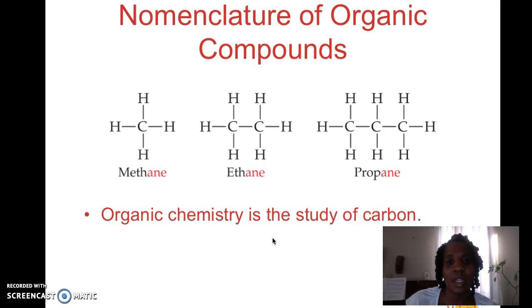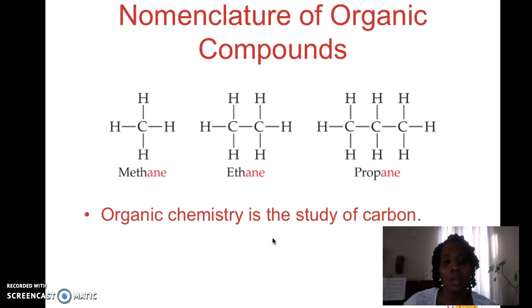Finally, there's not a large emphasis on organic compounds, but it is in your best interest to be familiar with the naming, which follows its own pattern. You basically count the number of carbons, and that tells you the prefix.